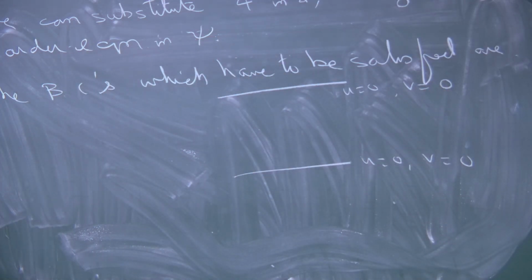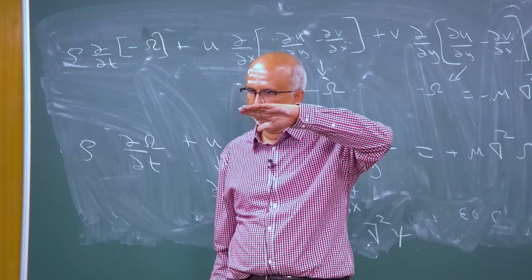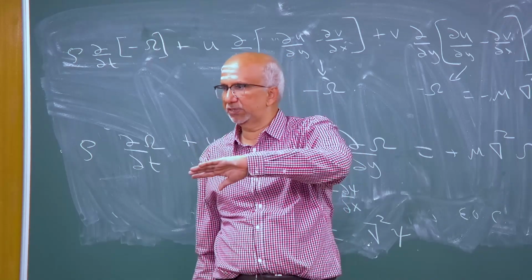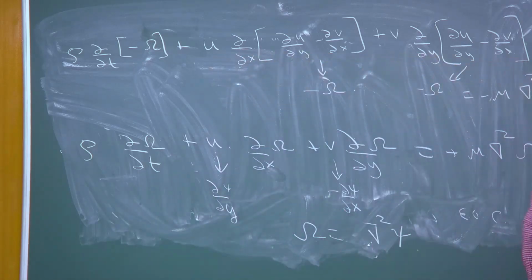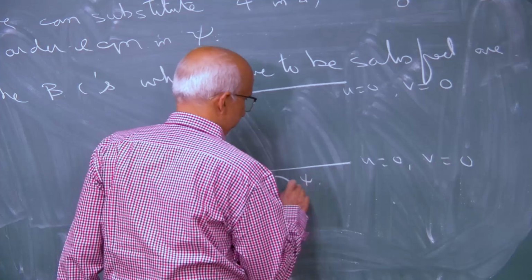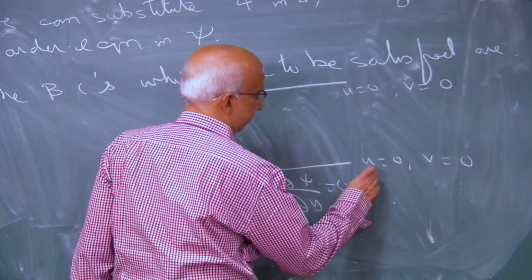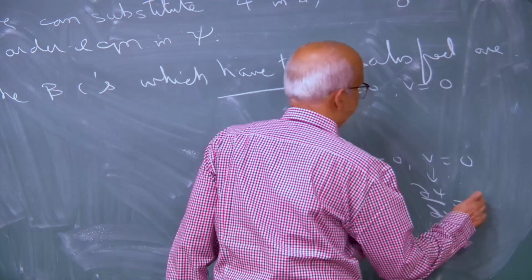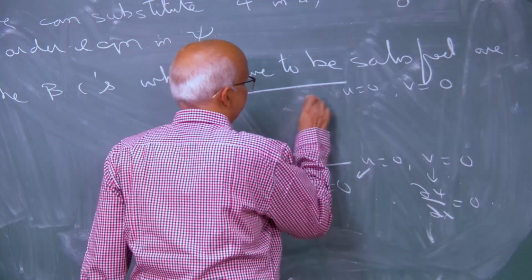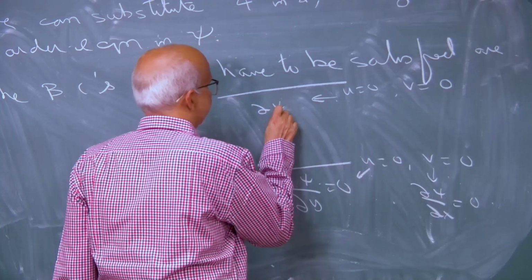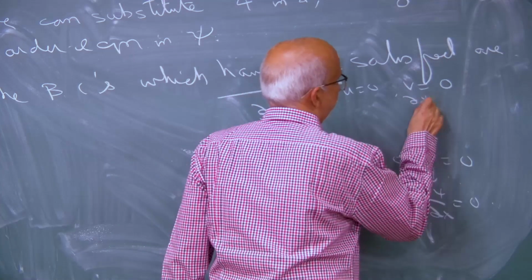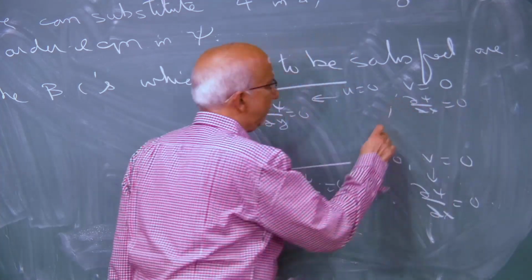You have to convert this into stream functions, because now I have to convert the boundary conditions of no slip and no penetration into the corresponding stream function variable. So u is nothing but d psi by dy equal to 0, and v is d psi by dx equal to 0. So at this wall, d psi by dy equal to 0 and d psi by dx equal to 0, as an example.